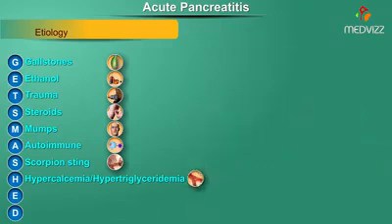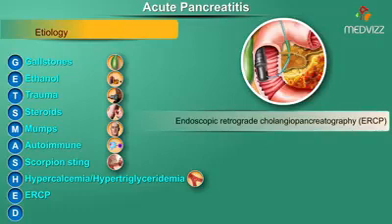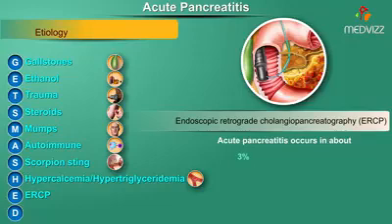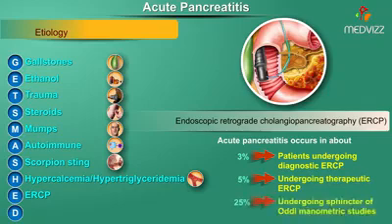E stands for ERCP. In patients who have undergone an endoscopic retrograde cholangiopancreatography, abbreviated as ERCP, acute pancreatitis occurs in about 3% of patients undergoing diagnostic ERCP, 5% undergoing therapeutic ERCP, and about 25% undergoing sphincter of Oddi manometric studies.